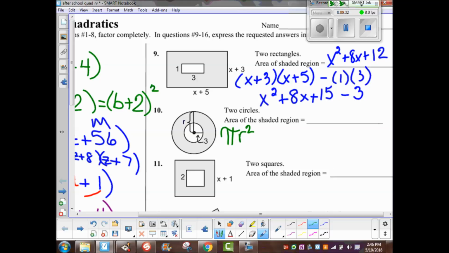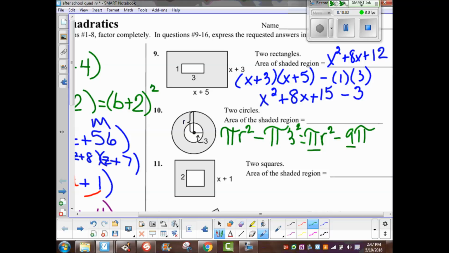And then take away the area of a small circle, which is pi, and what's its radius? 3 squared. So now I've got pi r squared minus, are we okay with that? 9 pi, just 3 squared to get 9 pi.